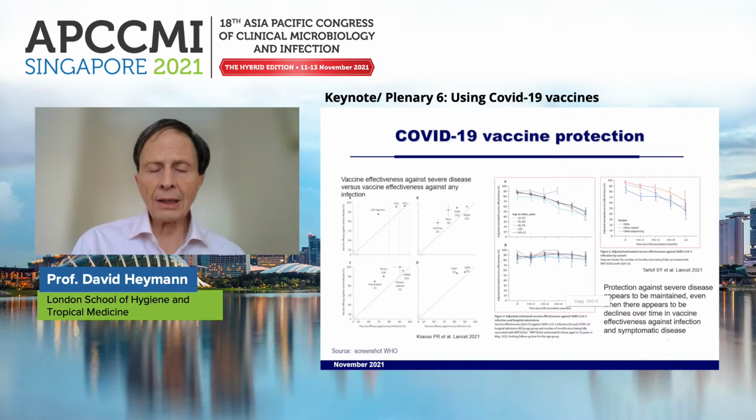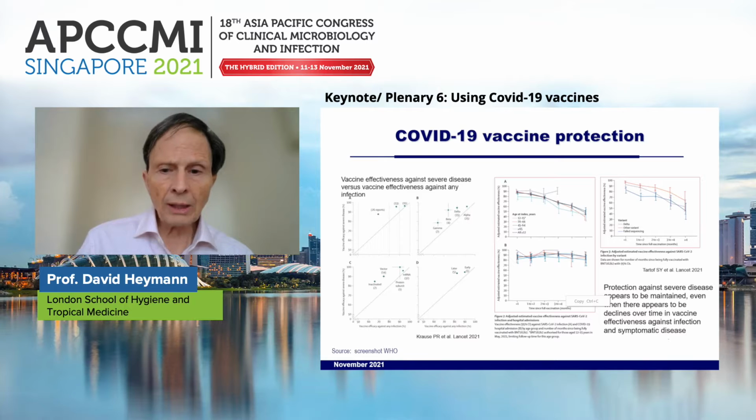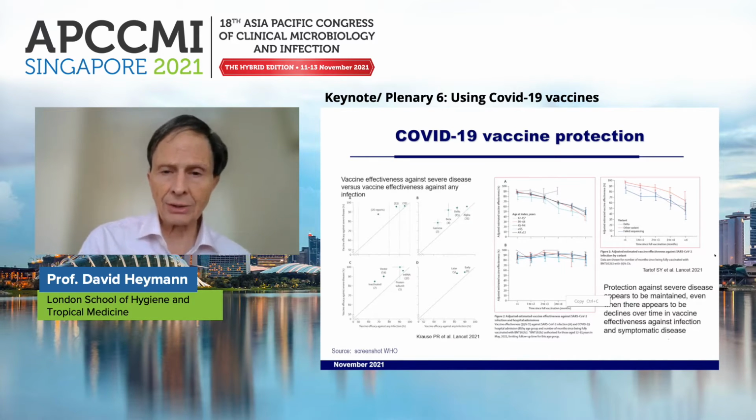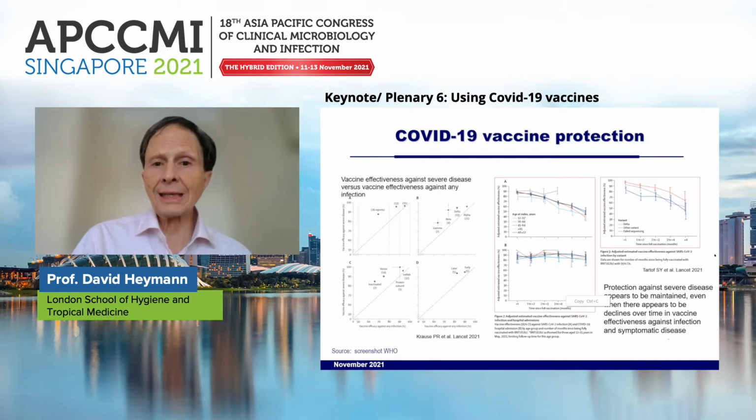If you look at the left of this screenshot from a recent WHO meeting, what you'll see is that protection is occurring against severe illness and disease using all the vaccines that are available against variants. But what you can see is that those vaccines on the right don't cause 100% protection against infection. And that protection against infection decreases with variants that are occurring.